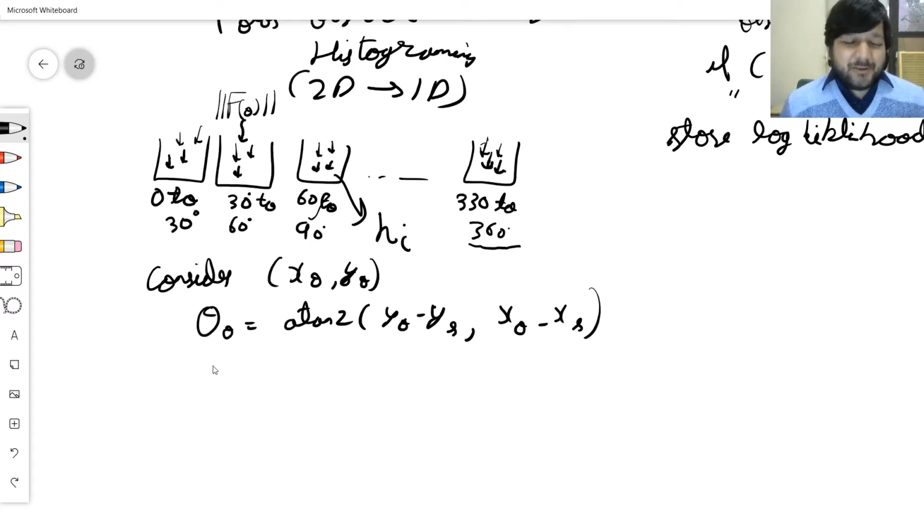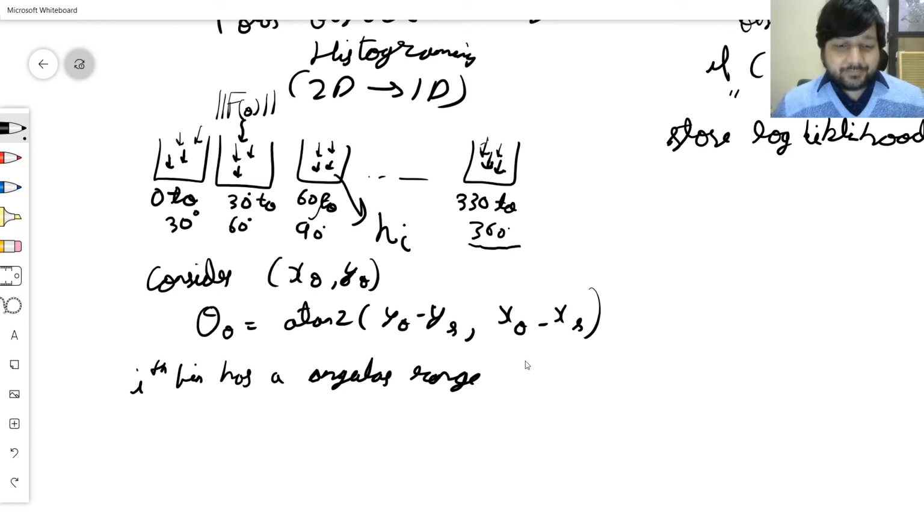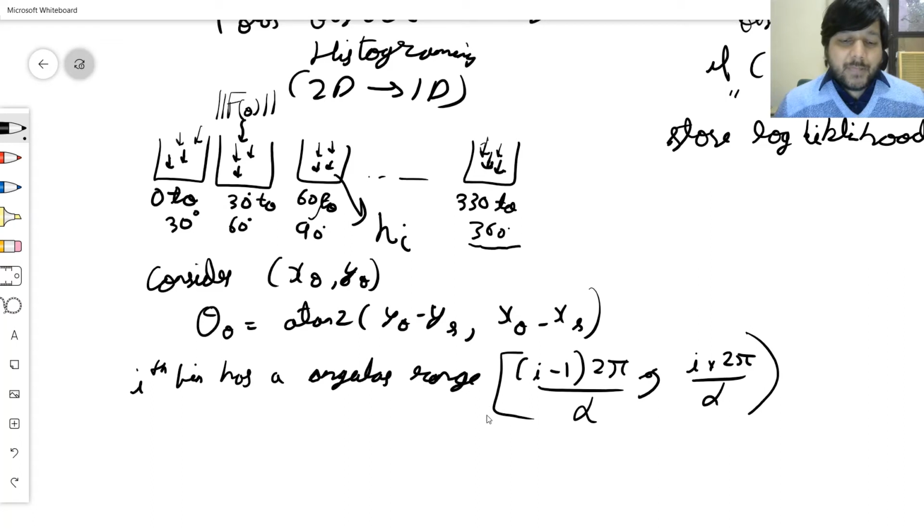So it belongs to the ith bin, which has an angular range similar to this. That's inclusive, that's exclusive.